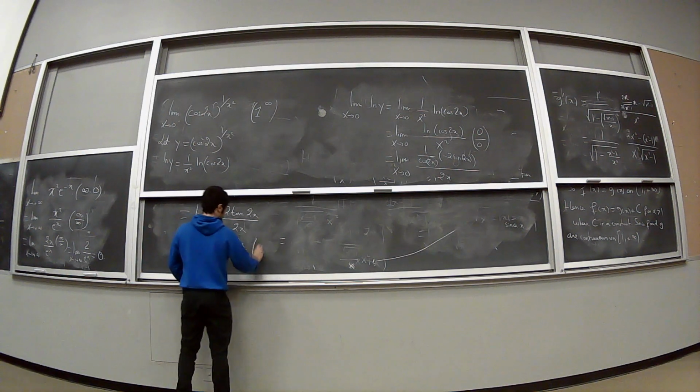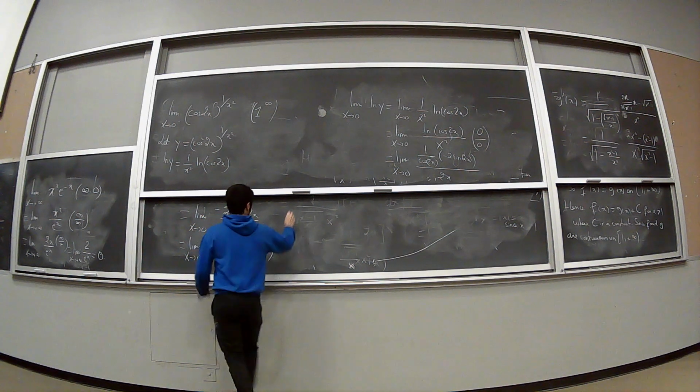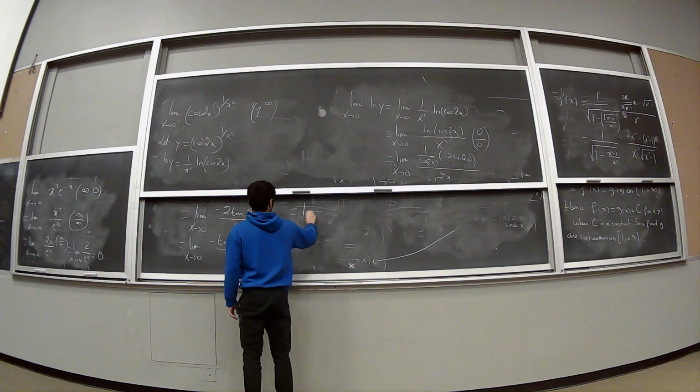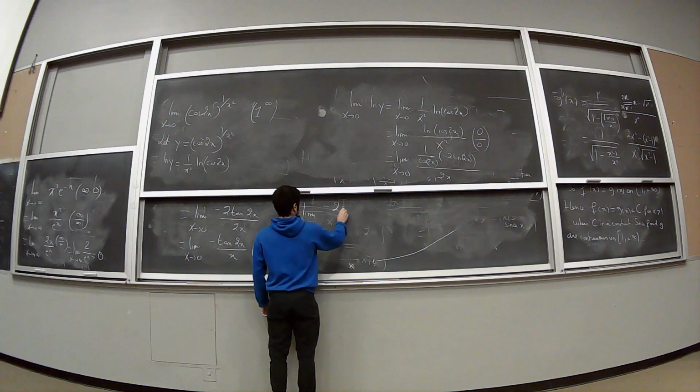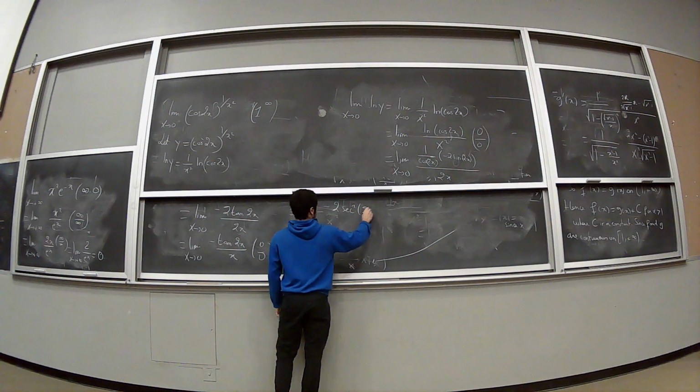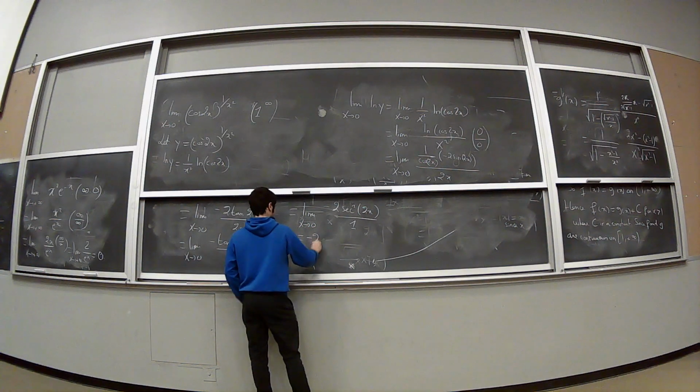This is 0 over 0. Apply L'Hopital's rule again. So you get the limit as x goes to 0 of minus 2 secant squared 2x over 1, and you get minus 2.